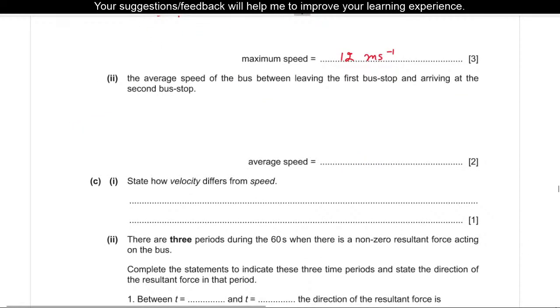In part 2 we have to find the average speed of the bus between leaving the first bus stop and arriving at the second bus stop. Now again let's go back to the graph.